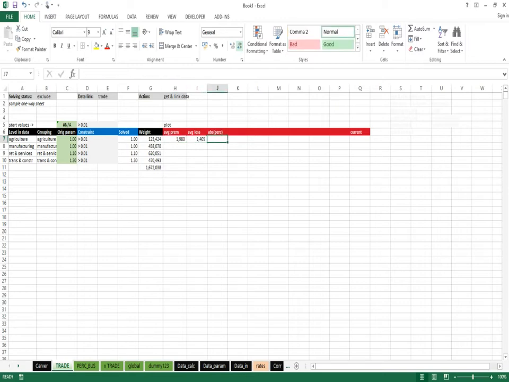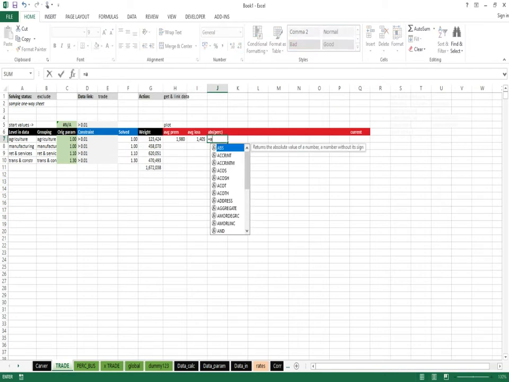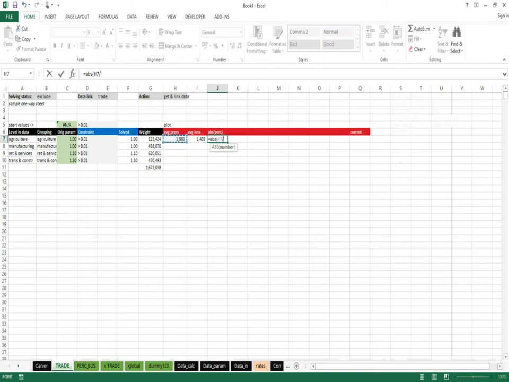And now the difference between the two, which is the one we will be minimizing, is absolute difference between this divided by that. Or better yet, this divided by that minus 1.